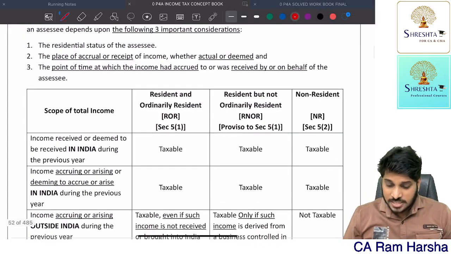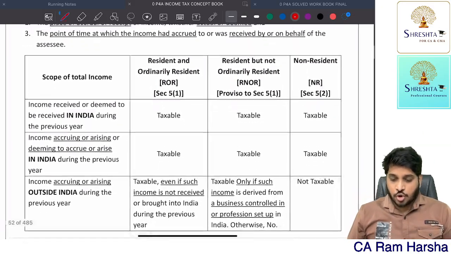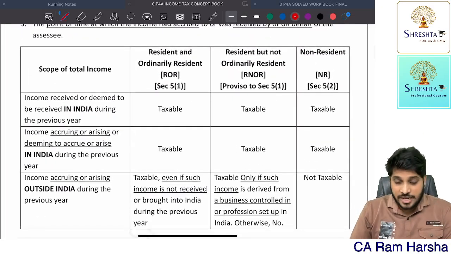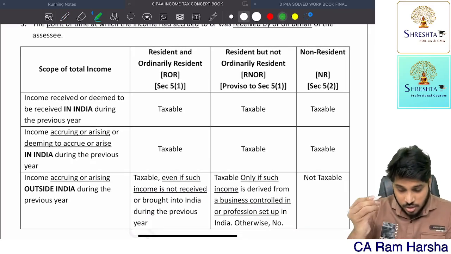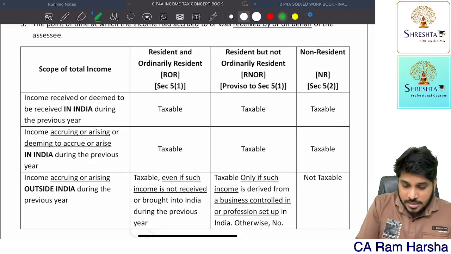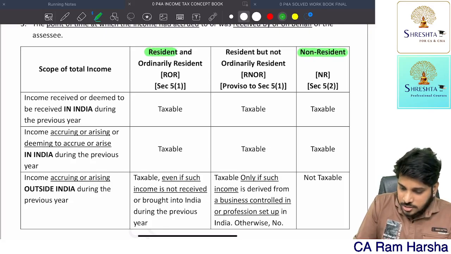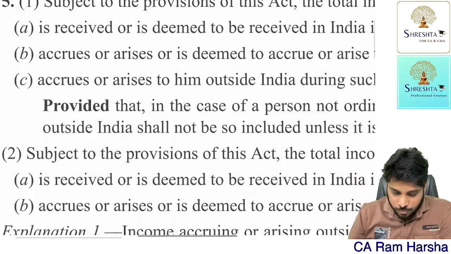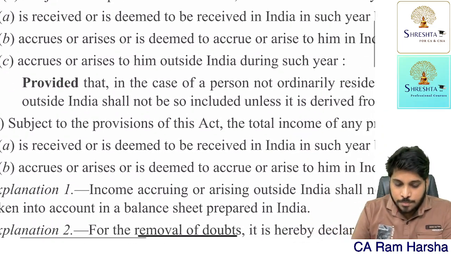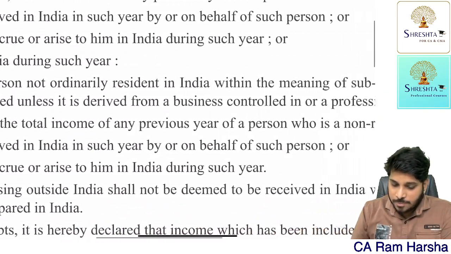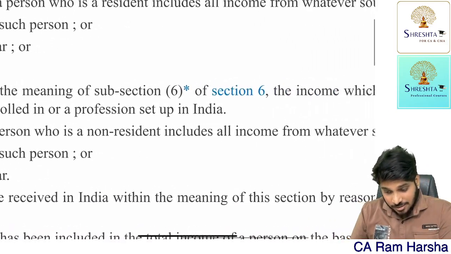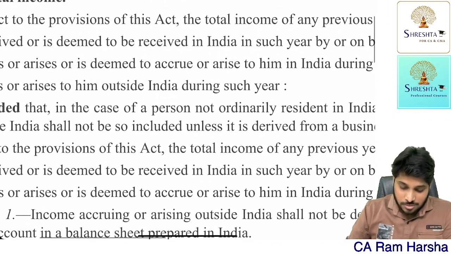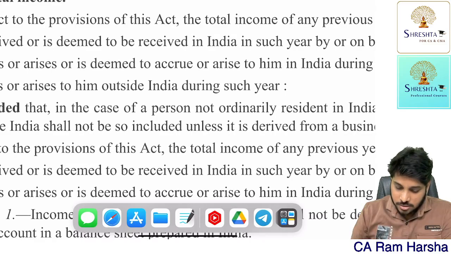Now once again, what is scope of total income? As I told, we divide taxpayers into three categories: resident, not ordinarily resident, and non-resident.